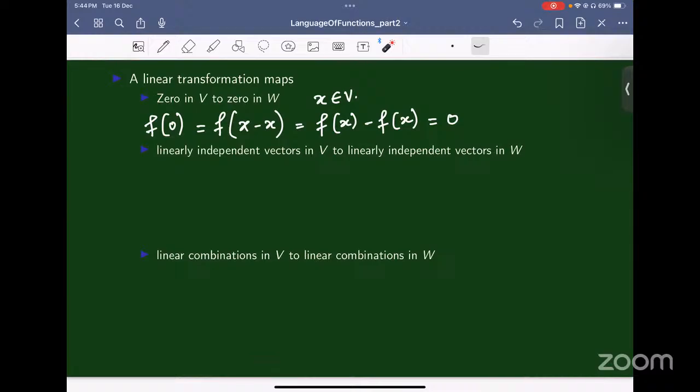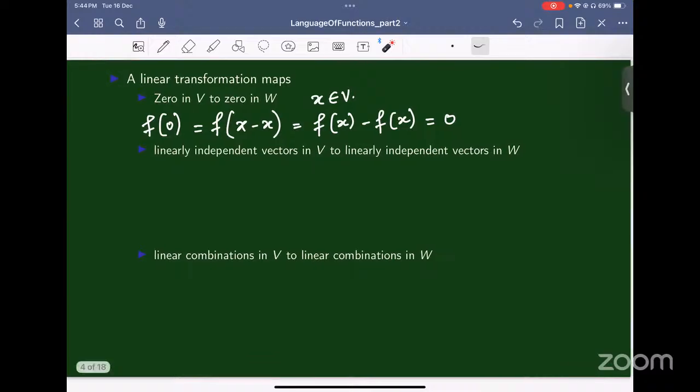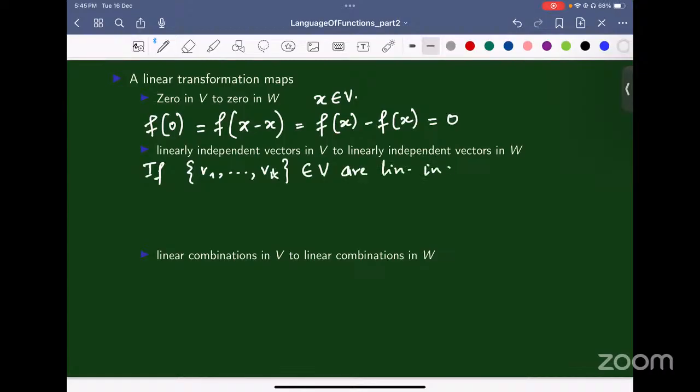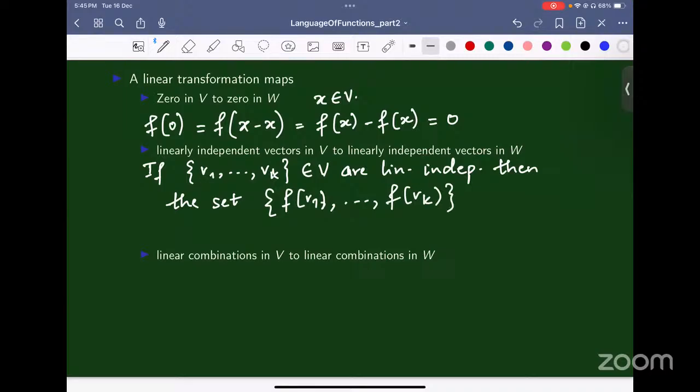The next important property satisfied by linear transformations is that linearly independent vectors in V map to linearly independent vectors in W. What this means is that if we start with a set of vectors v1 up to vk in V, which are linearly independent, then their images, that is the set of all f of v1 up to f of vk, will also be linearly independent.